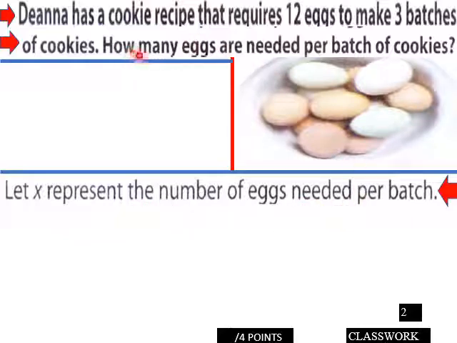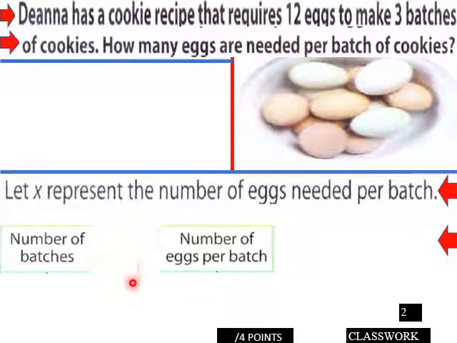We're trying to find how many eggs, so we let x represent the number of eggs needed per batch. Here's our verbal model: number of batches multiplied times number of eggs per batch equals total eggs.